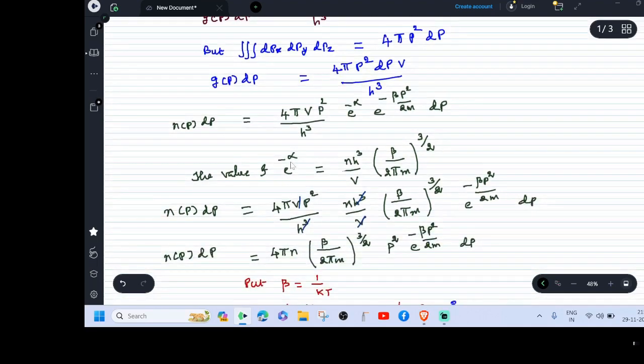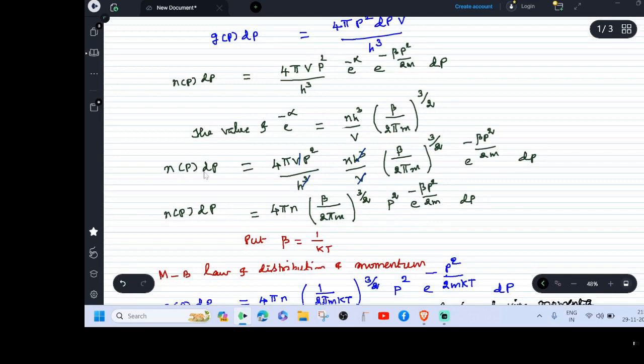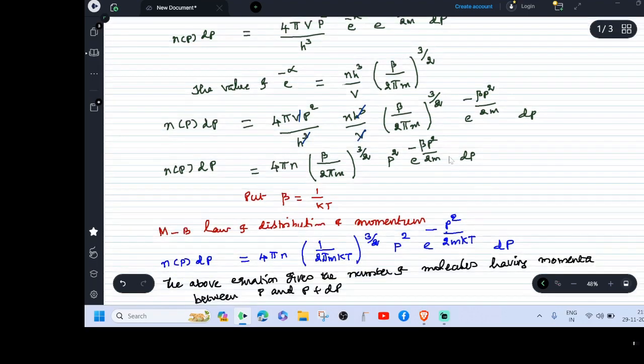The value of e power minus alpha is n h cube by v into beta divided by 2 pi m power 3 by 2. Now n of p into dp is presented in this form. Just h cube cancelled out, v and v cancelled out, then we can get this relation. In the above relation, put beta equal to 1 by kT.